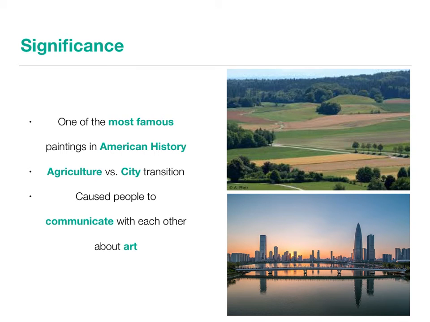So the significance of this painting is it's one of the most famous paintings in American history, and the reason why is because it has caused so much communication towards people and almost confusion of really what does it mean, and what is it saying, and there is this realistic value to it, but then it also gets you thinking, and there are different thoughts on what the meaning is, and one is showing narrow-mindedness that is seen in the Midwestern culture.